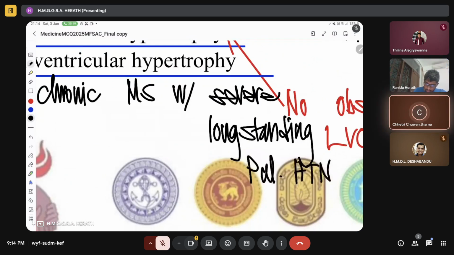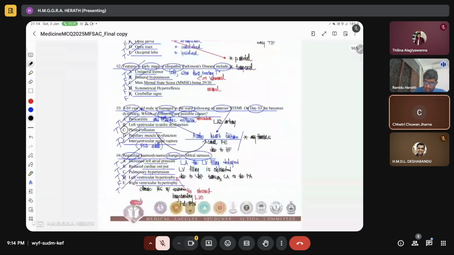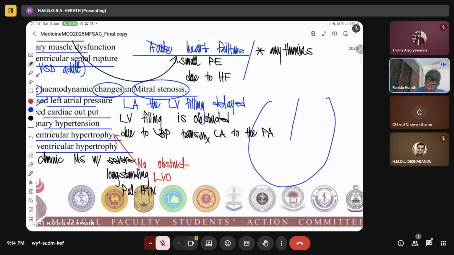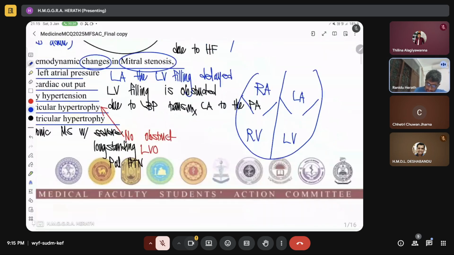Is it because of back pressure? Yeah, but now, not back pressure. If you take the heart like this, this is the left atrium, mitral valve, left ventricle. This is the right atrium, right ventricle, and this is the pulmonary vein.